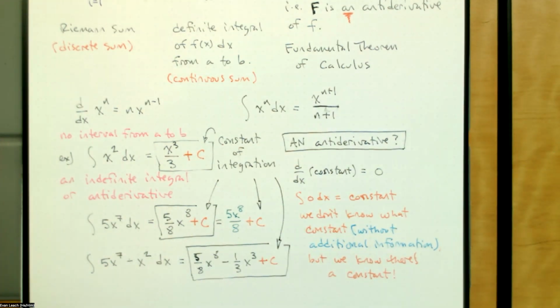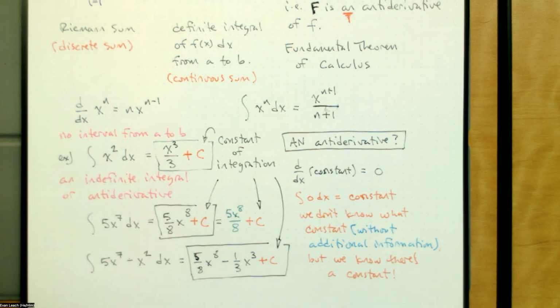When I say what's the antiderivative of x squared, I'm saying what functions have a derivative of x squared. X cubed over 3 plus any constant will have a derivative of x squared. The derivative of x cubed over 3 is 3x squared over 3. The 3's cancel out, leaving x squared. The derivative of the constant is 0.